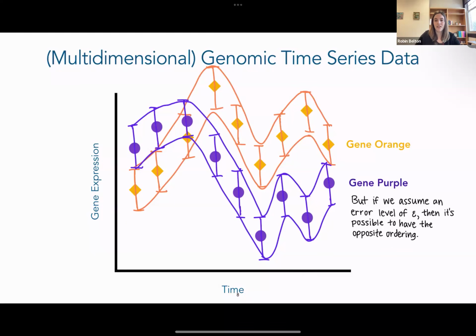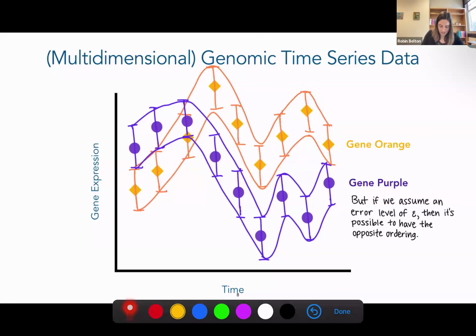However, if we assume an error level of epsilon, meaning that we can place these epsilon bands around our functions and say that the true underlying gene expression could lie anywhere in these bands, then we could get the opposite ordering.